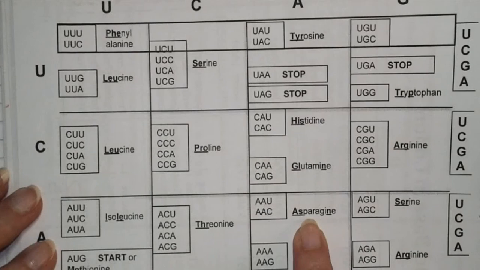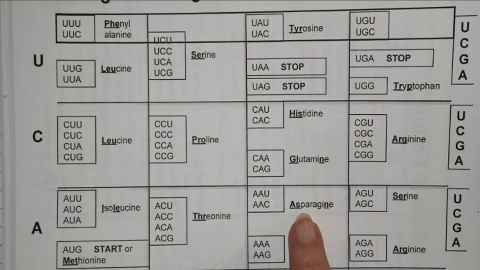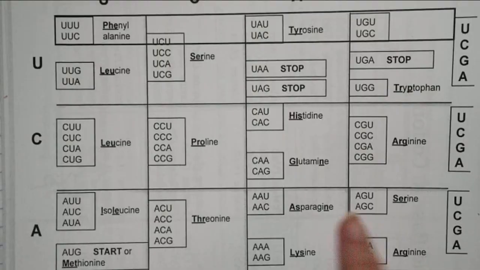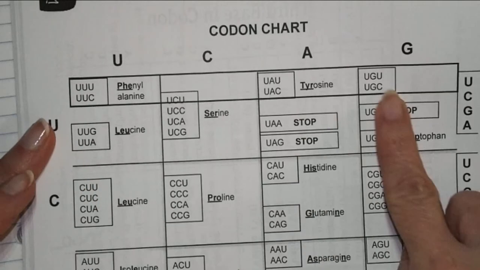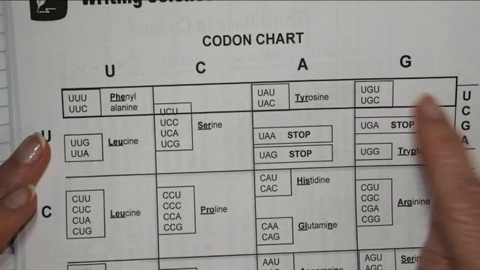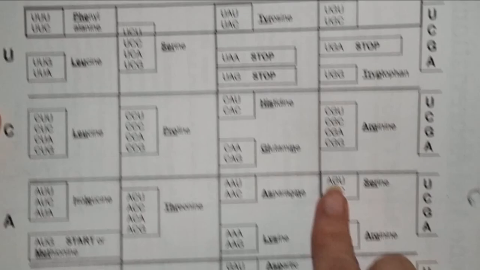So we have U, we go over to G, and we go up to C, and I don't know why they didn't put anything there. Something's wrong there. Okay, so let's say it's AGU. We put the 3 letters together, it's AGU. There's the amino acid that would go in that place. So that's what you would do. Whatever those 3 letters are, it's like a secret message. These 3 letters mean this. Put that amino acid there.